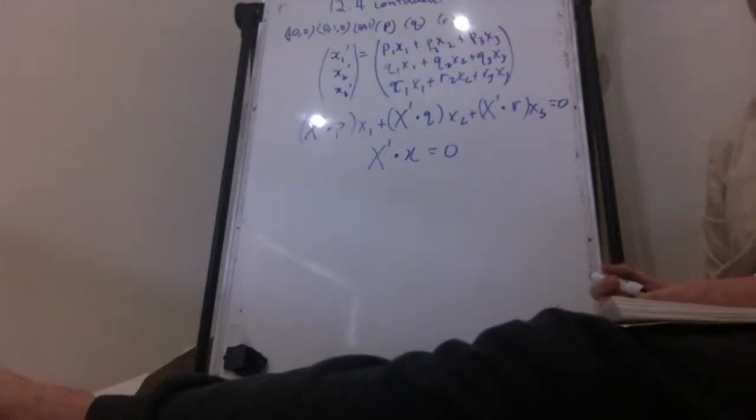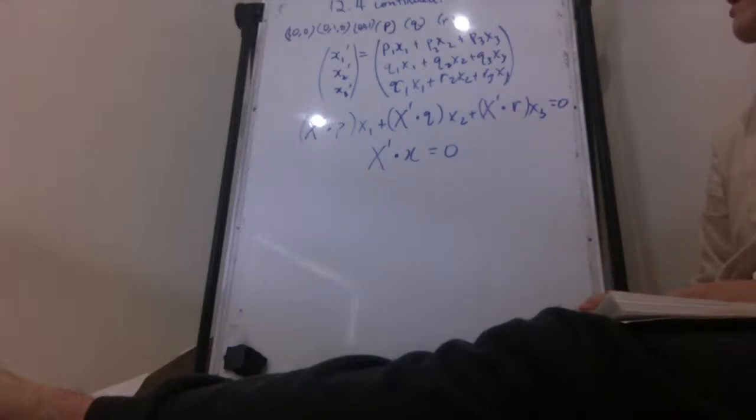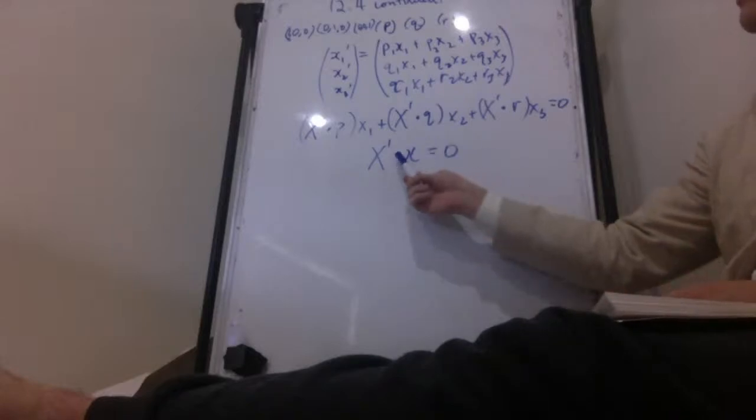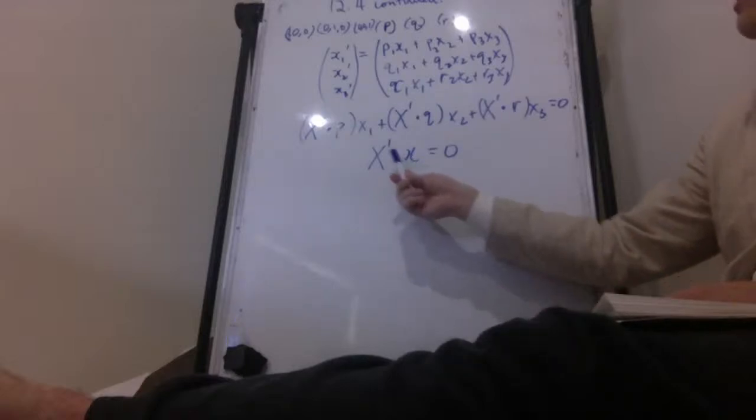It preserved incidence because these two statements are equivalent, and they express collinearity. So this dot product means that this point lies on this line.